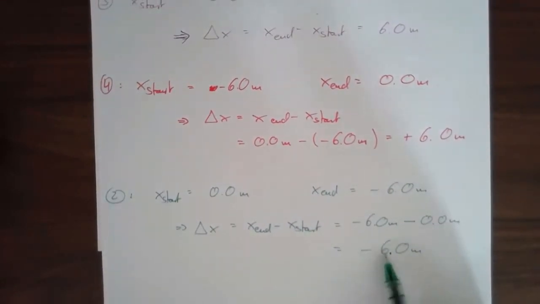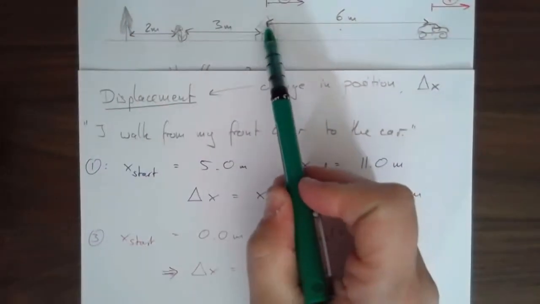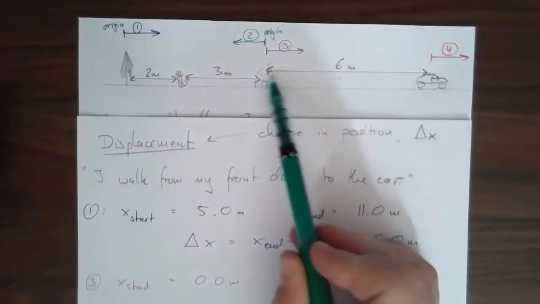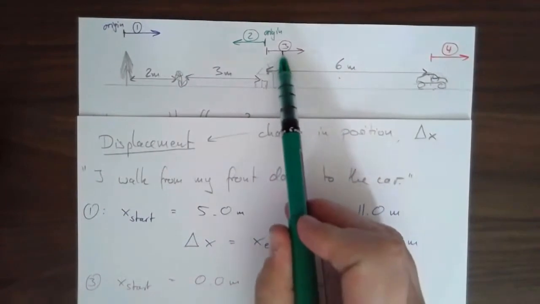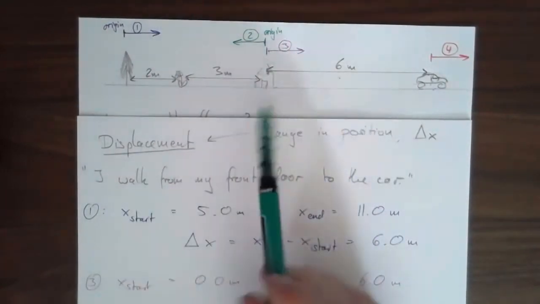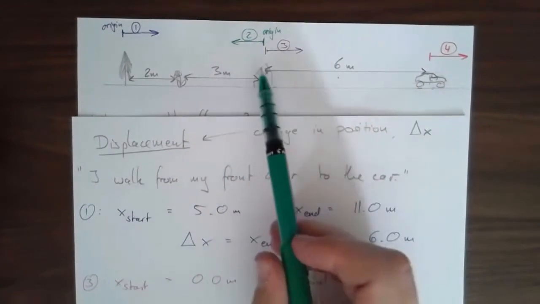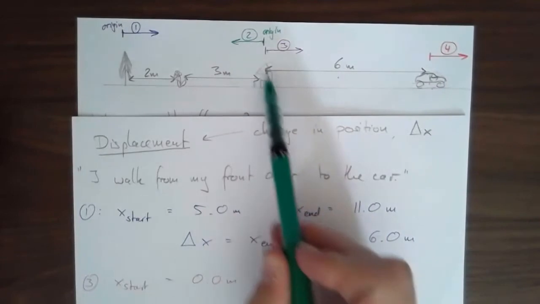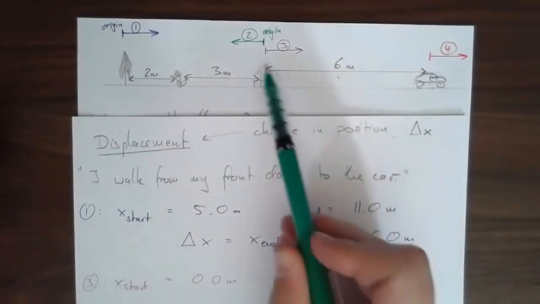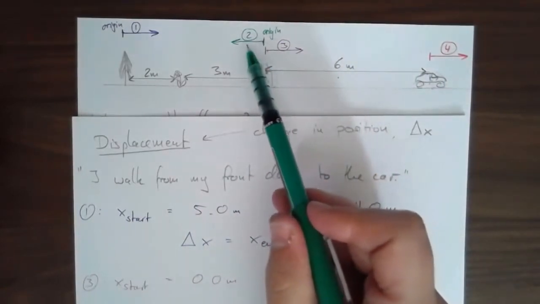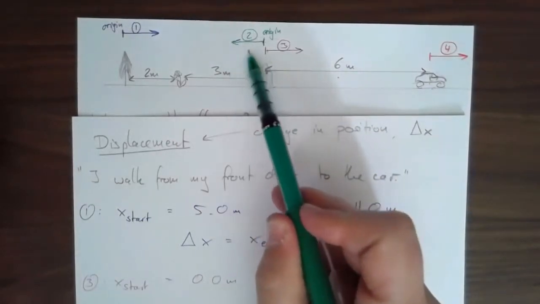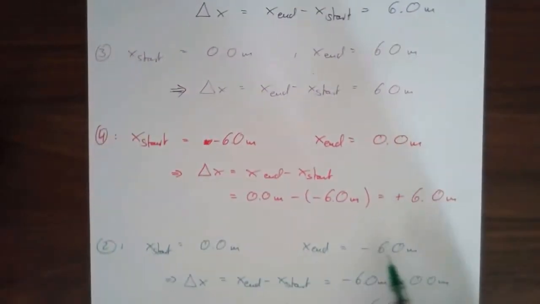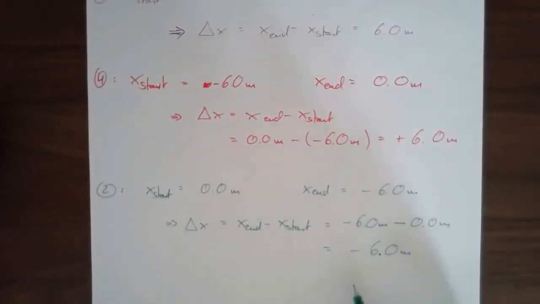But for 1, 3, and 4 we moved in the same direction that the axes point. They point to the right, we moved to the right. Doesn't matter where the origin was, we moved in the same direction as the axis. In this case, for coordinate system 2, our motion was in the opposite direction of the direction that the axis is pointing, and so that's where we get this minus sign that pops into our final answer for the displacement.